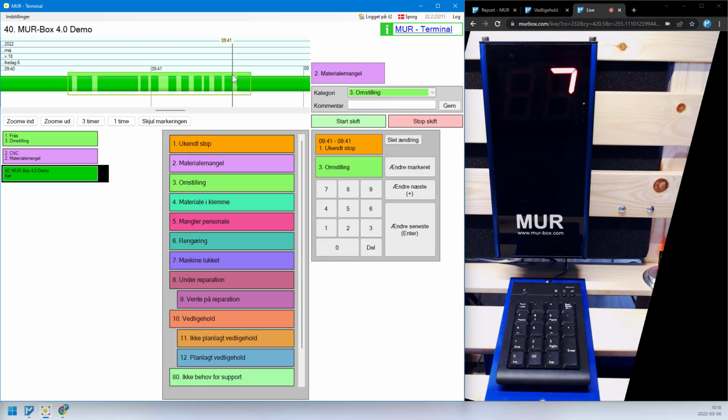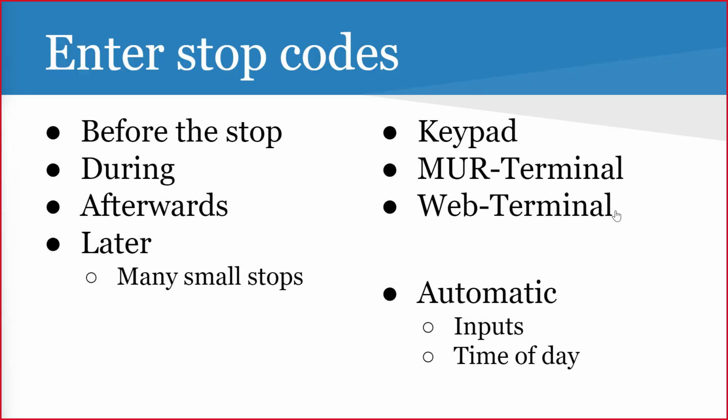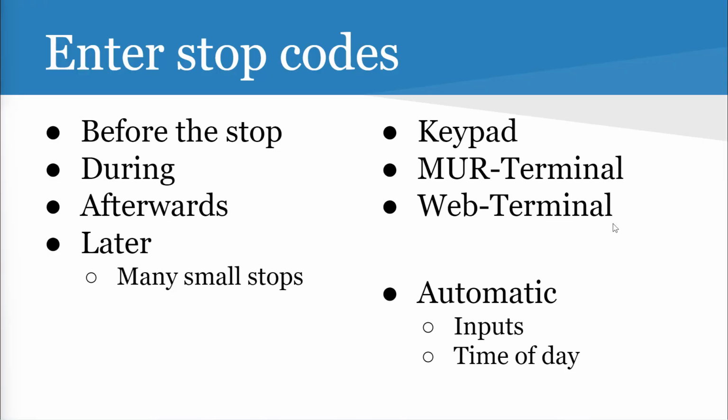And these are all manual stop codes. Once we're going to automatic stop codes, these keypad entries are done by the MUR-Box itself without an operator pressing any keys. The automatic stop codes are scripted, meaning we can put some logic into when and how they are applied.